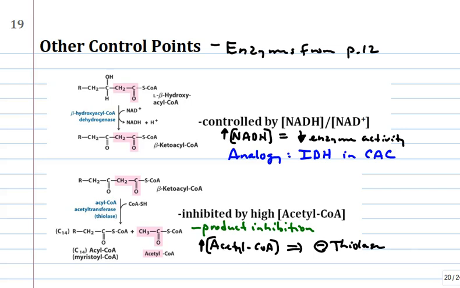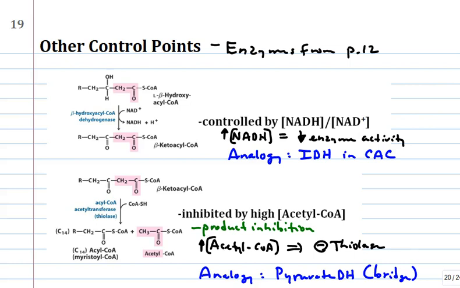There's an analogy here. The analogy here is pyruvate dehydrogenase. That catalyzes the bridge reaction, where it also was allosterically inhibited by its own product, acetyl-CoA. Same thing here. Same thing here.